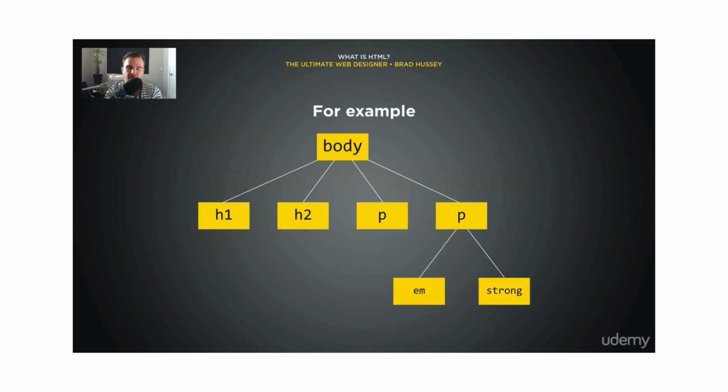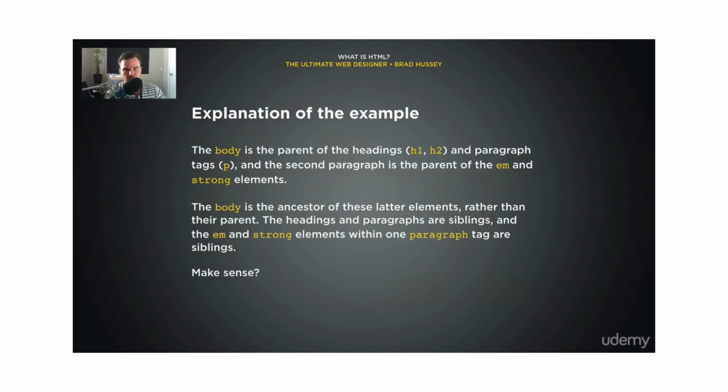So, for example, think of it like a family tree, because that's exactly what it's like. We have the body tag, and within the body tag, we can have things like headings and paragraphs, and within certain HTML tags, you can have other tags nested within it. So here, in this example, the body is the parent of the heading tags and the paragraph tags.